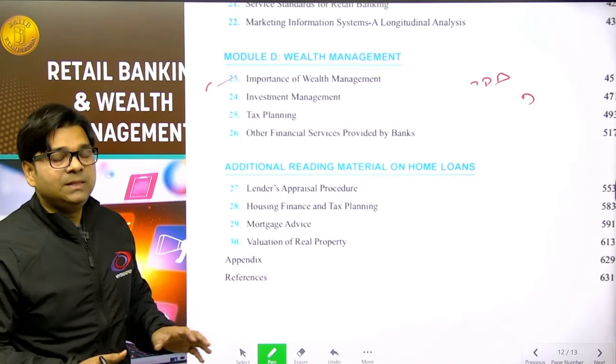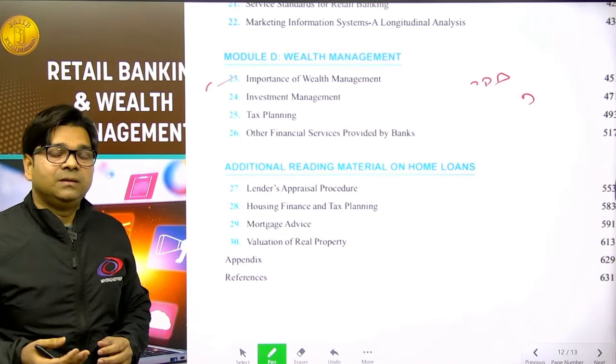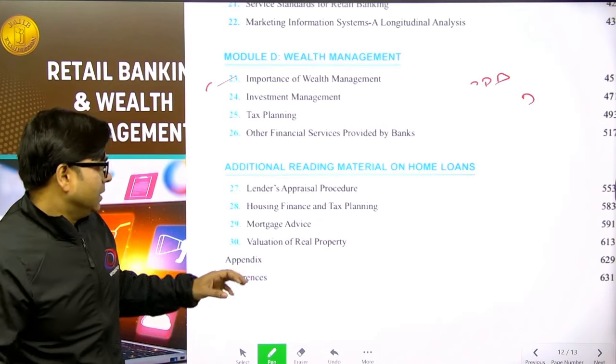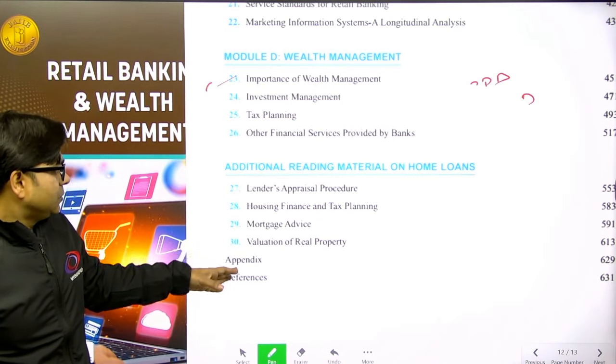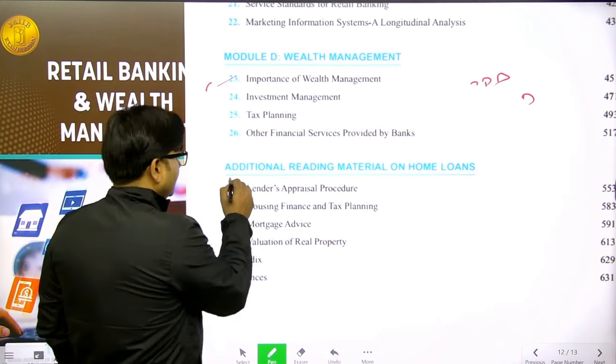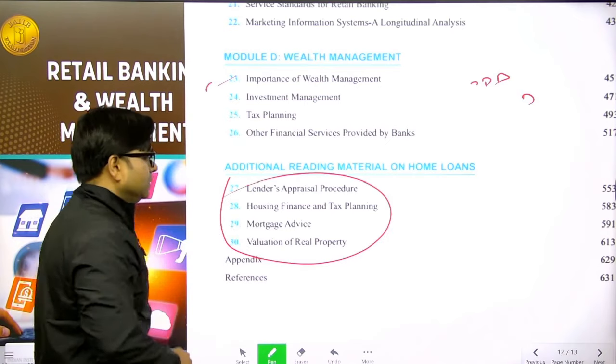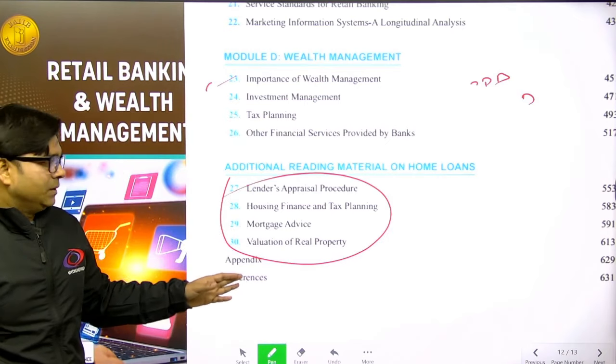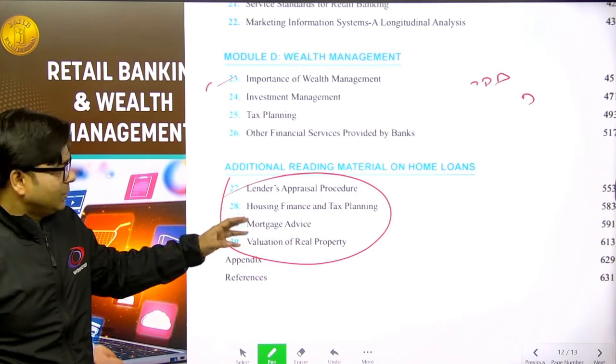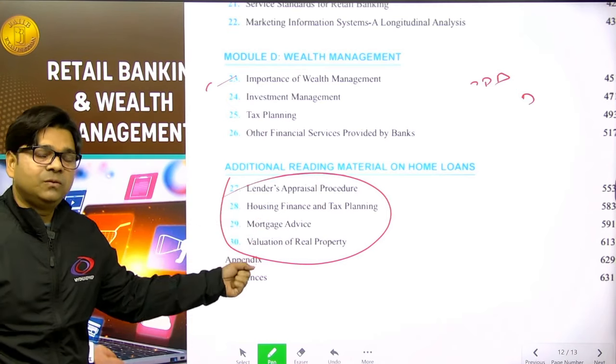These are the topics where questions are made in terms of case studies. This is a very important topic. You have to study it because questions will be asked from these particular topics.